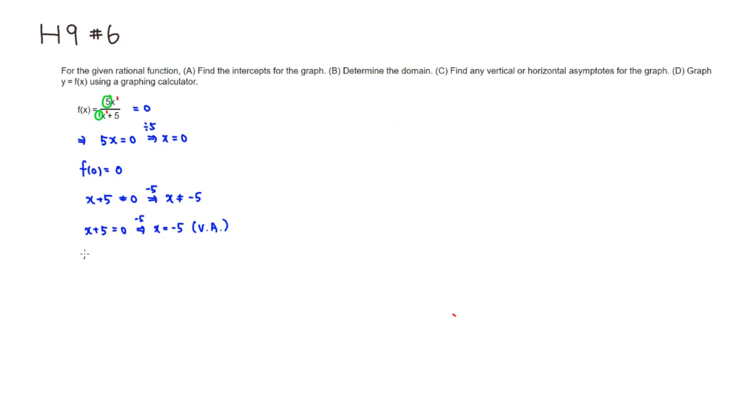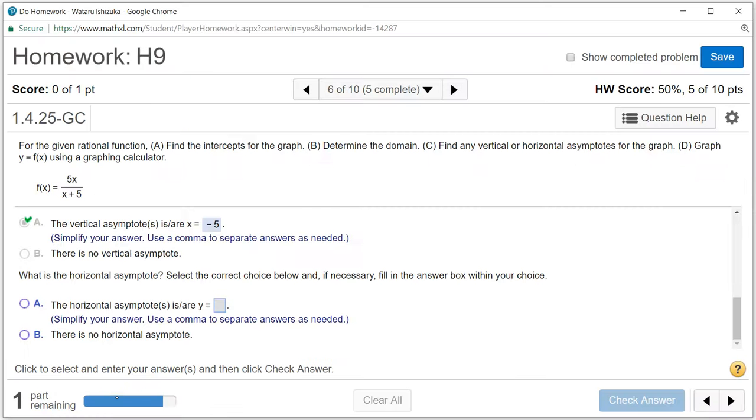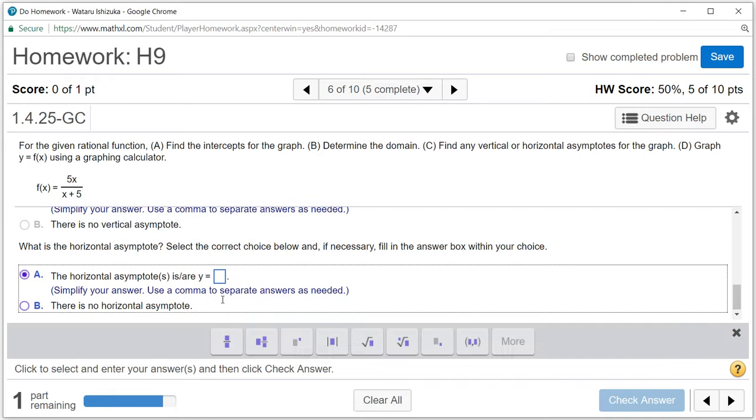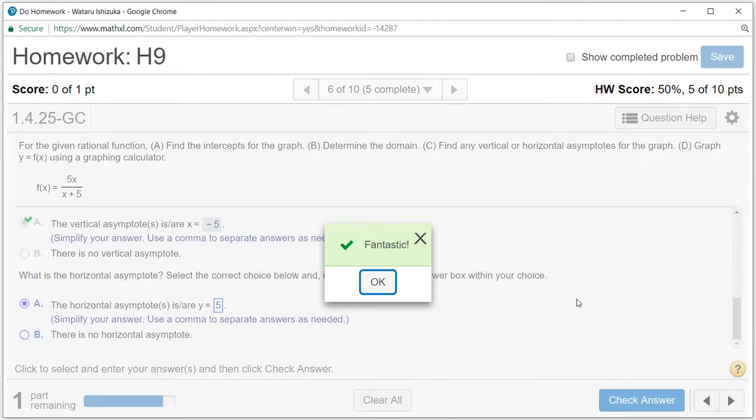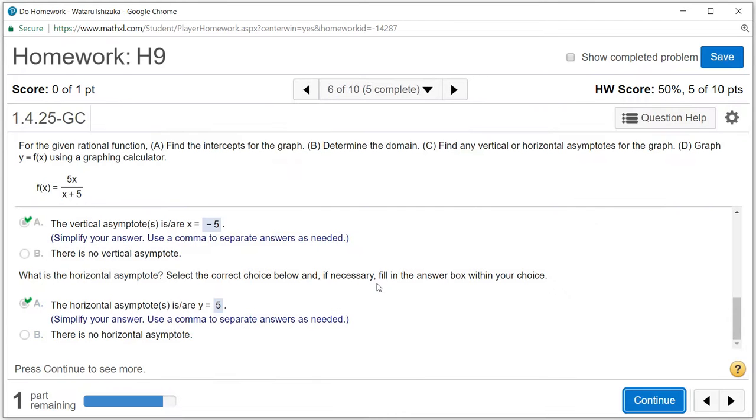So the horizontal asymptote is simply y equals 5 over 1, which is just 5. So y equals 5 is the horizontal asymptote. You just type in y equals 5 here. Check the answer. We got that.